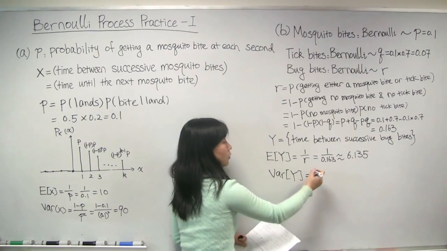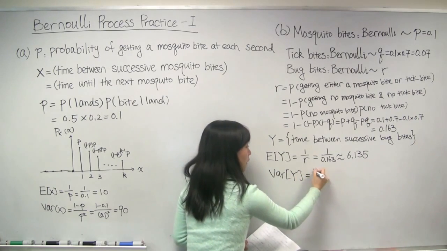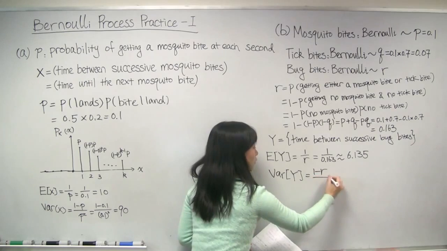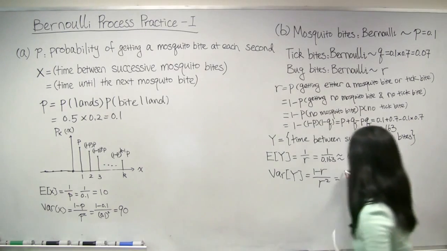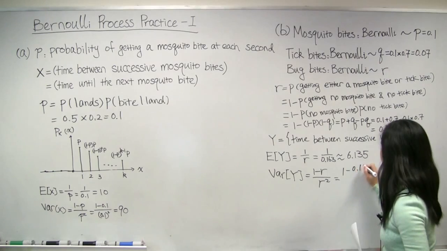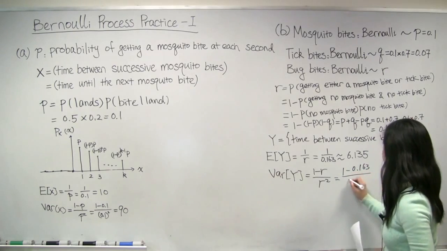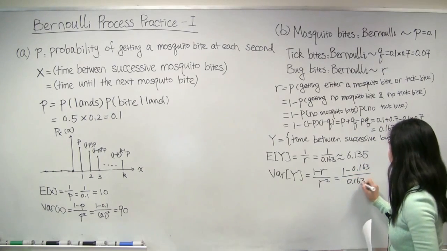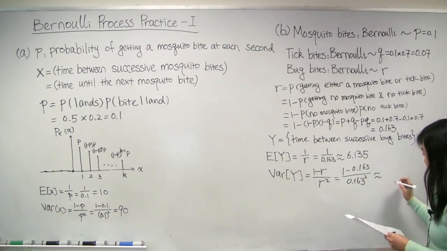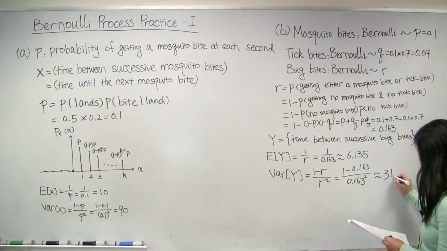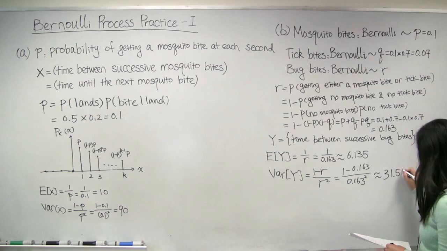And the variance of y is equal to (1 minus r) over r squared, which is equal to (1 minus 0.163) over 0.163 squared. And this is approximately 31.503.